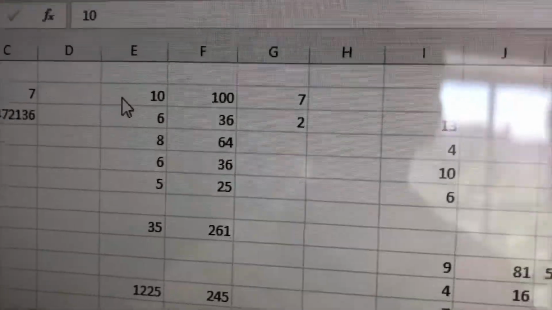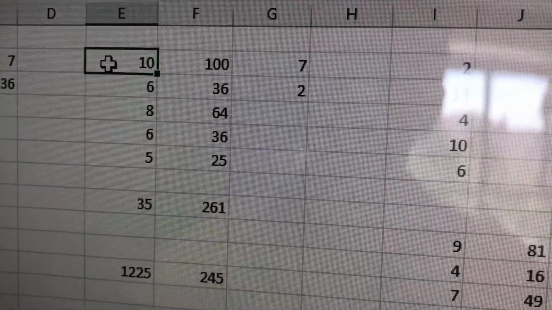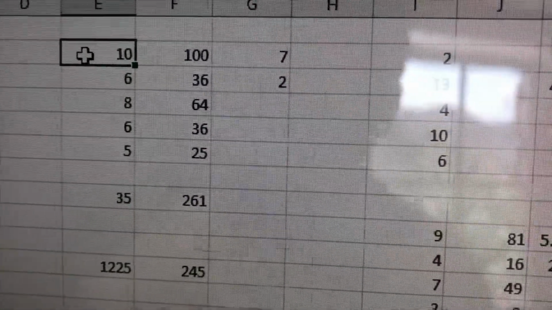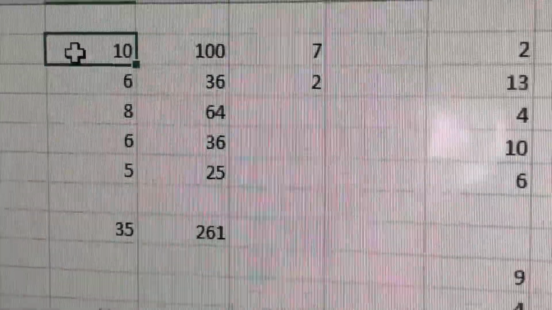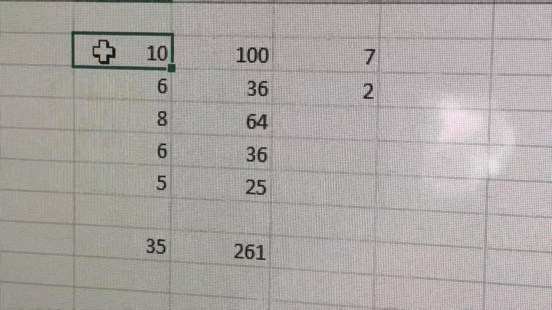I lied. So here. There we go. Sorry about that, guys. It's this one right here. So it's a 10, a 6, 8, 6, and 5. That's number 20, chapter 4. And you can tell here, you come up with a 7 for the mean and a 2 for standard deviation.